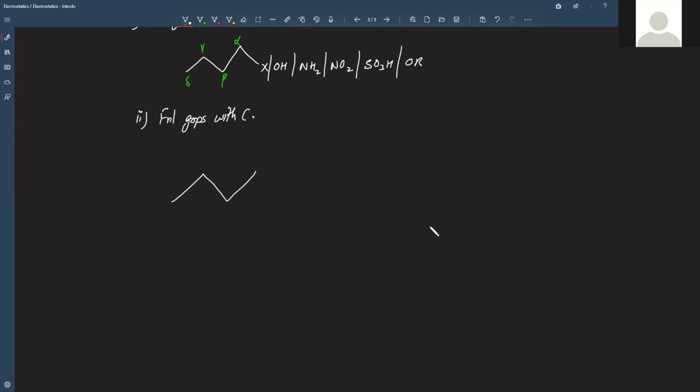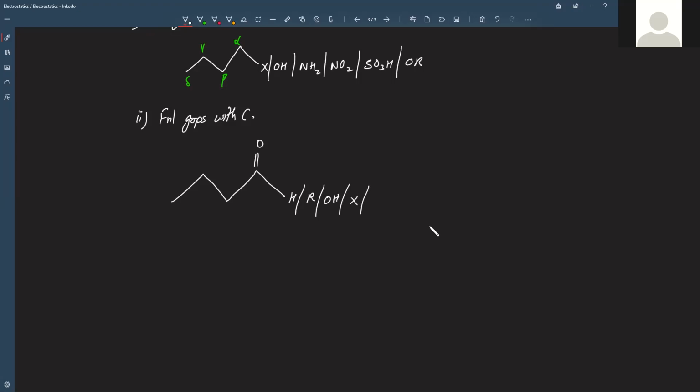C, double bond O, and after that, OH, correct. There can be H. This is aldehyde. Next, instead of that, there can be R. So that makes it ketone. Instead, if there is an OH, that makes it acid, right?